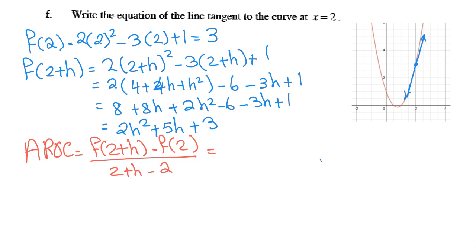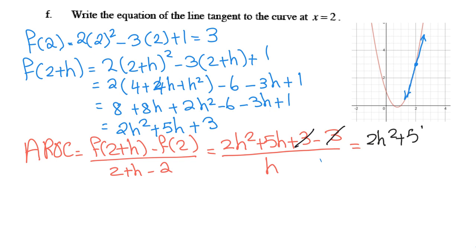F of 2 plus h, I had it completed as 2h squared plus 5h plus 3, minus f of 2, I have it originally as a 3, divided by 2 plus h minus 2, which is equal to h. Simplifying further, you have your 3 and negative 3 cancel out, and you have 2h squared plus 5h all over h.